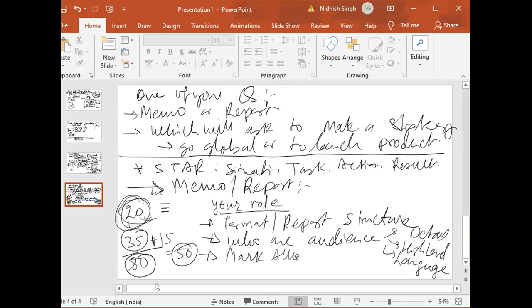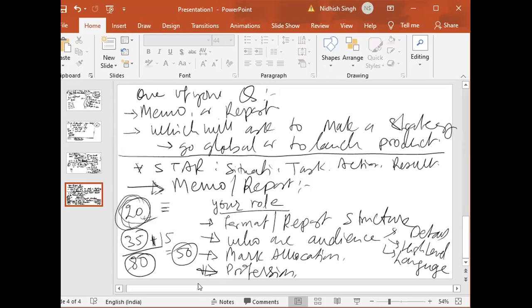How much mark this question or this portion carries. That needs to be kept in mind. Professional language. Should not use check and will find out, etc. Say will investigate. And use words and language which are more strategic in nature.